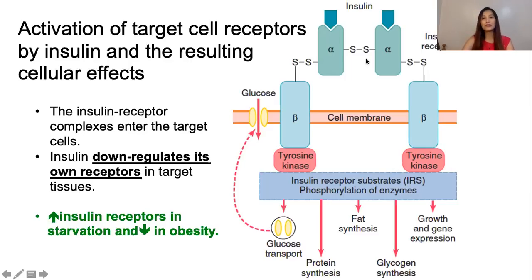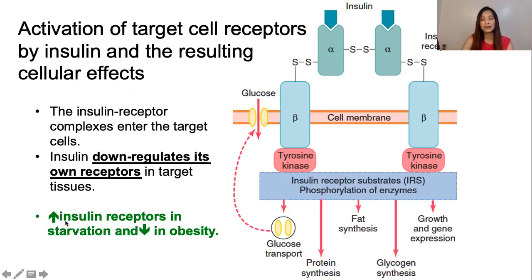If there's no insulin, your glucose cannot enter your cells. So it acts like a key so that the cell will be able to take in glucose and utilize it for energy production, or it can be converted into glycogen or triglycerides, and be used for ATP production. Without insulin, the glucose cannot enter through its glucose transporter.